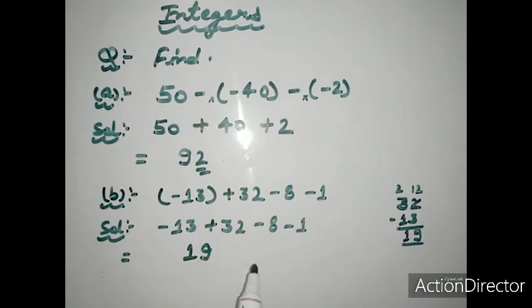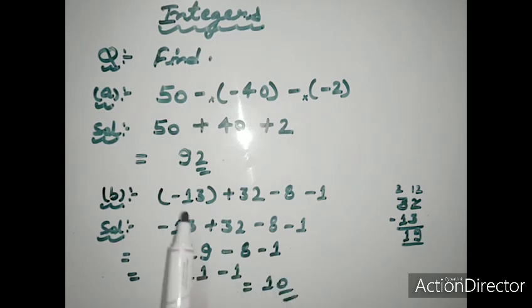And dear friends, remember one thing here: if there is no symbol mentioned with the number, it means it is positive. Now here we write minus 8 and minus 1. After that, 19 minus 8, 11, and at the last, 11 minus 1, 10. So when we subtract and add all these integers, we get 10.